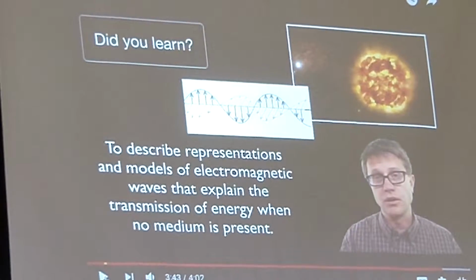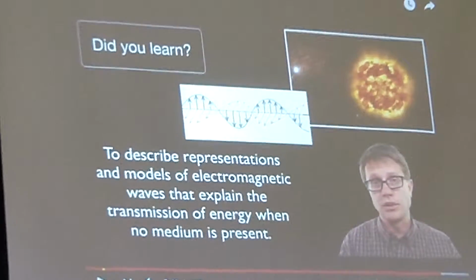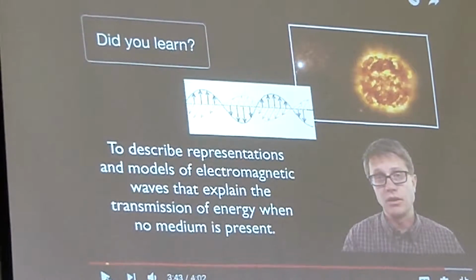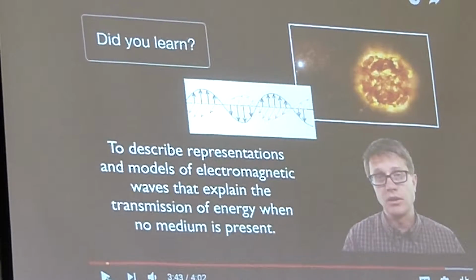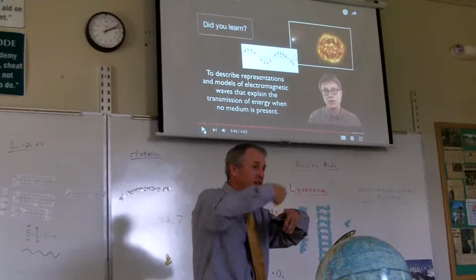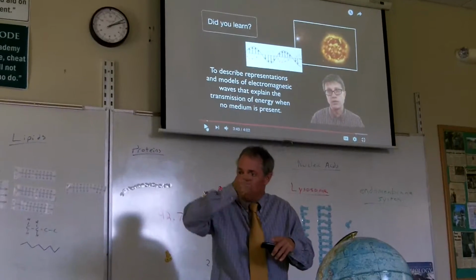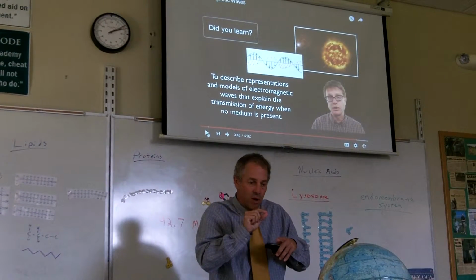Okay, so let me stop that again. When a charged particle vibrates, like an electron, for instance, an electron goes around the nucleus of an atom, right? Well, that's like a vibrating particle.